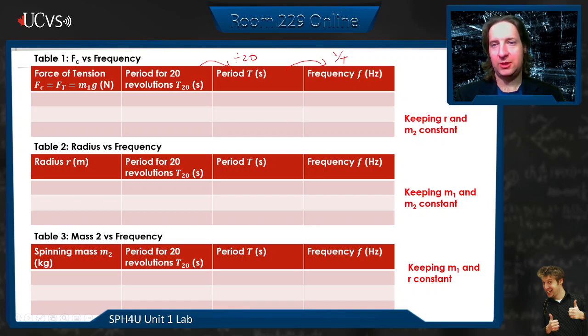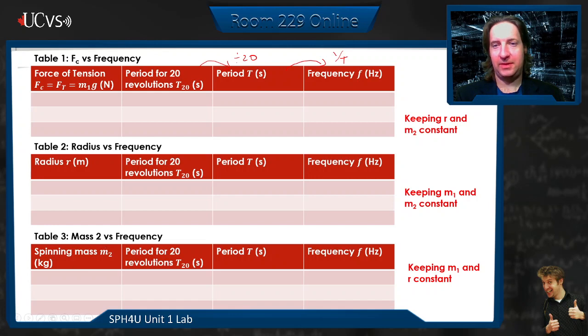Our second one is when we're going to change the radius, but we're going to keep the 2 masses the same. So you're going to choose 3 different radiuses, radii, I guess. Measure the period for 20, and again, calculate the frequency. Record the mass, the spinning mass and the hanging mass. Don't change them. And then do the same thing for varying the spinning mass.